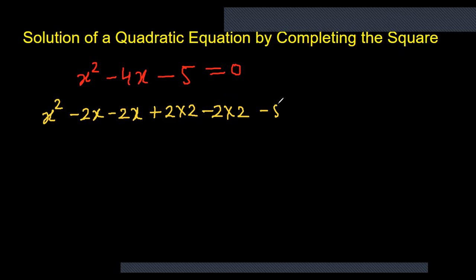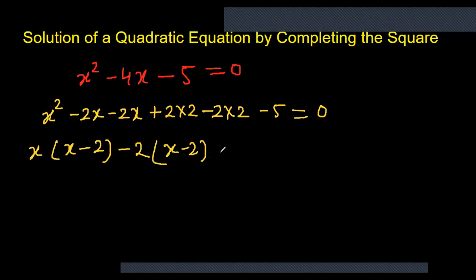So minus 5 is equal to 0. Now we take common x minus 2, and then minus 2 common, again x minus 2. That's what we have learned in splitting the middle term, or factorization. We get x minus 2 as a common factor, and from here we are left with x and 2.